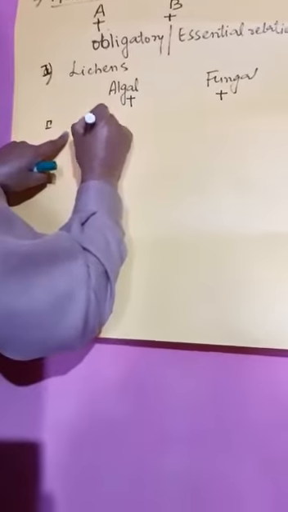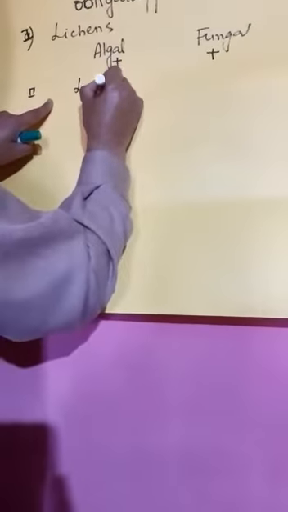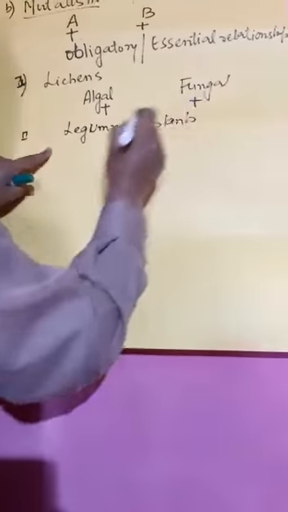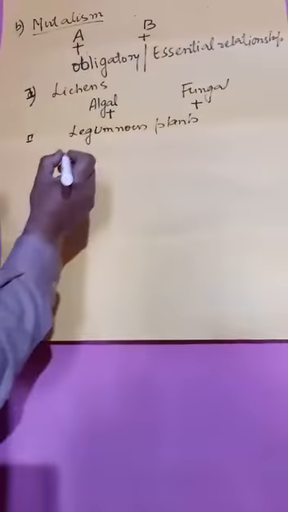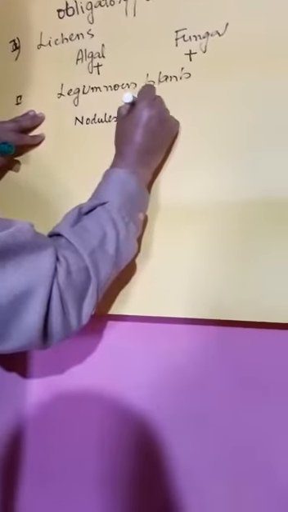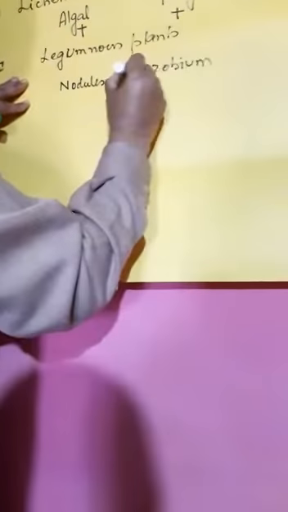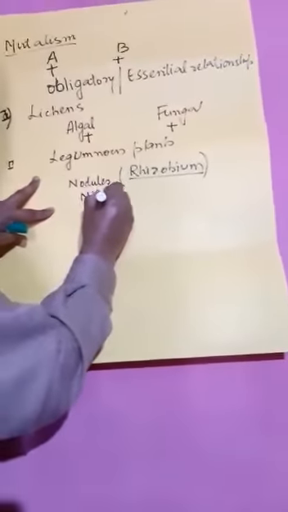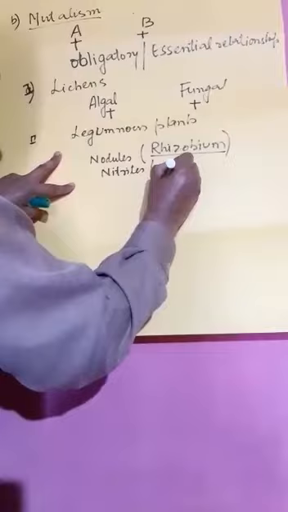Or the second example I will give you is in the leguminous plants. In leguminous plants, what do we see? In the roots, the secondary roots, these nodules are present. In the nodules, what will we see? The bacteria is there, that is called rhizobium. This bacteria rhizobium fixes the atmospheric nitrogen into simpler substances, that is nitrites and nitrates.